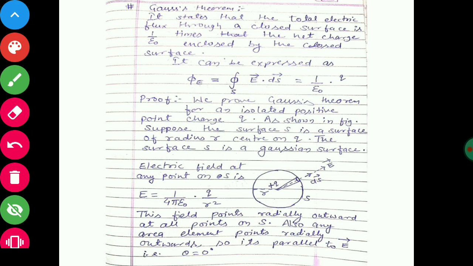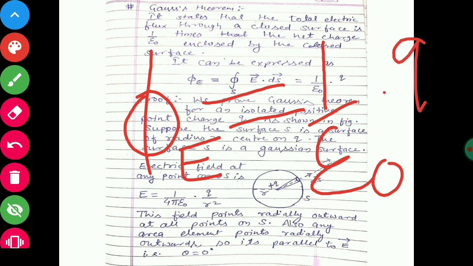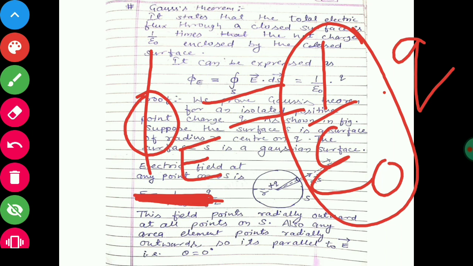According to the Gauss theorem, the net electric flux, the total electric flux through a closed surface, is equal to 1 by epsilon naught times the net charge enclosed by the closed surface. कहने का मतलब ये है कि जो टोटल फ्लक्स है, जो नेट फ्लक्स है, वो 1 by epsilon naught टाइम्स होगा किसके? टोटल चार्ज के, which is enclosed in a closed surface.